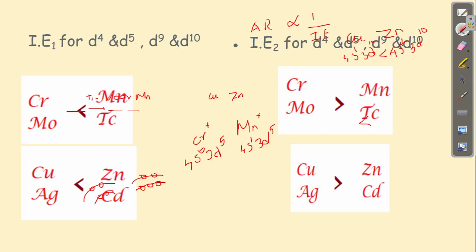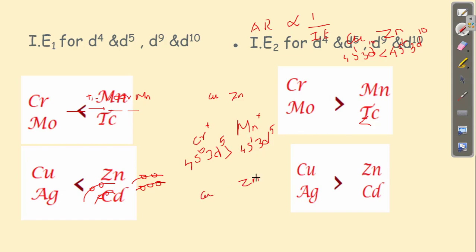Now you can obviously say that chromium plus has a d5 configuration, which is a stable configuration, and no electron in the s orbital. So obviously it requires lots of energy compared to manganese plus, which has one electron in the s orbital. So it is very easy to remove this one electron. It will be similar for copper and zinc.